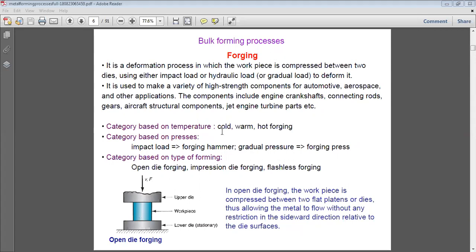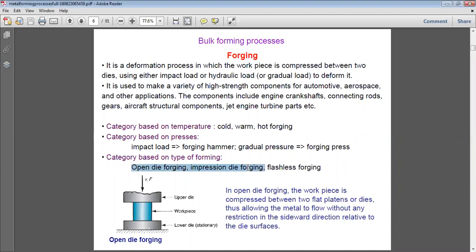The pressure will not be increased suddenly, but the intensity of pressure will increase with time. So that is gradual pressure, and for that purpose the press is known as your forging press. Then category based on type of forming, that is open die forging, impression die forging, flashless forging.